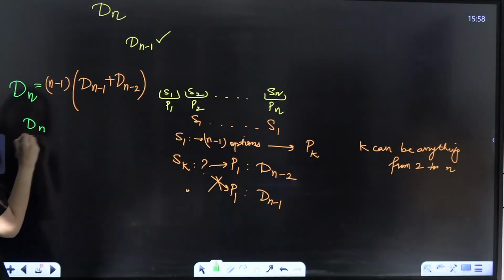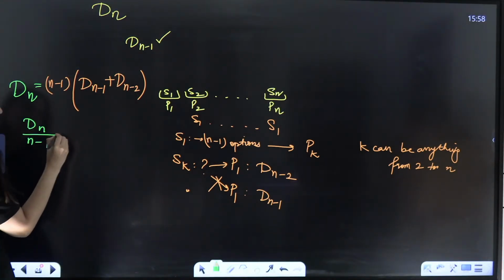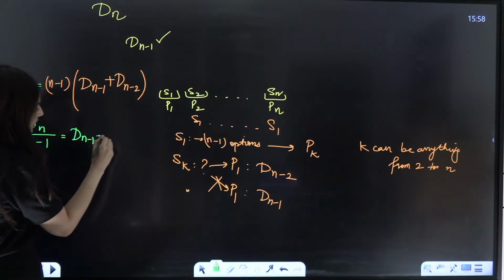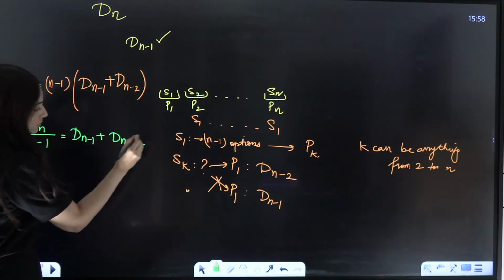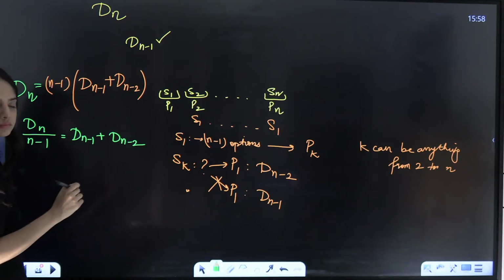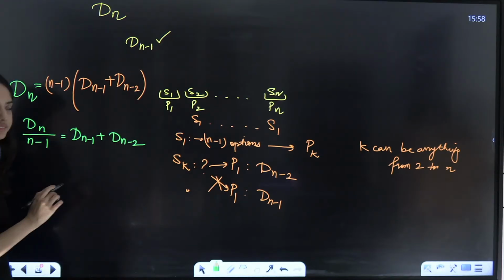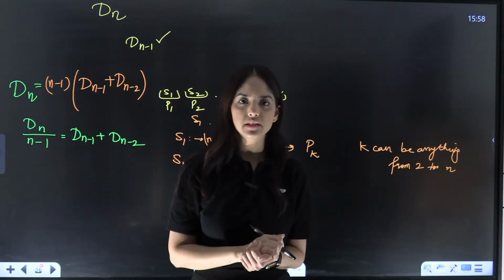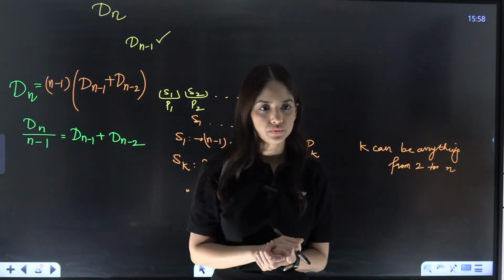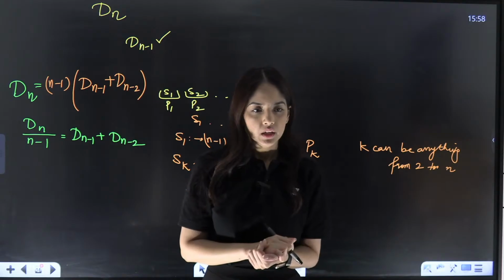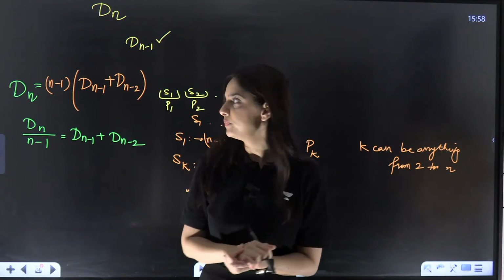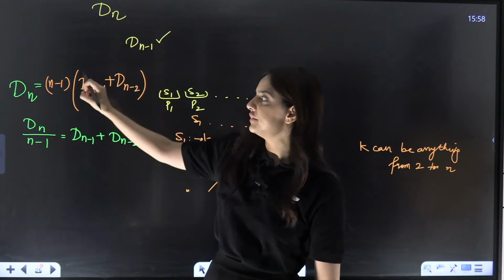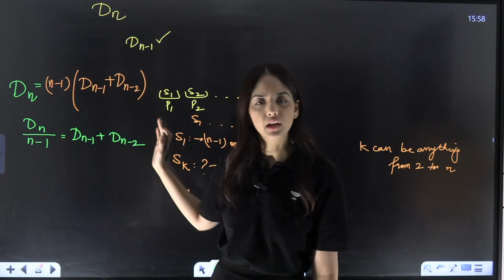Dn by n minus 1 is equal to Dn minus 1 plus Dn minus 2. If you want, you can verify, you will get the same value on either side. Okay, so that is how we can even get the recursive formula.